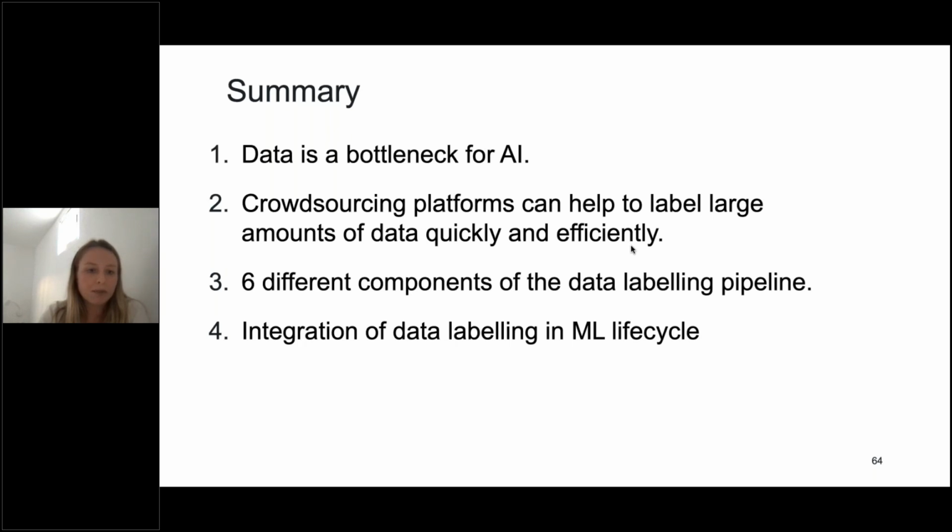We then talked about crowdsourcing and how it can help with the data labeling problem. Then we talked about 6 different components of building a data labeling pipeline, and I shared some examples and best practices in these areas. At the end, we also talked about integrating the data labeling process into the machine learning lifecycle.